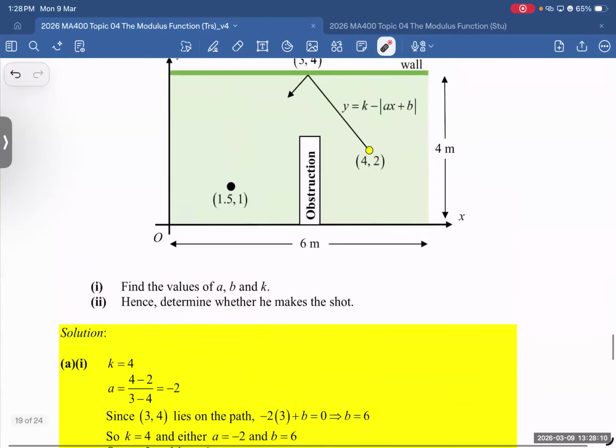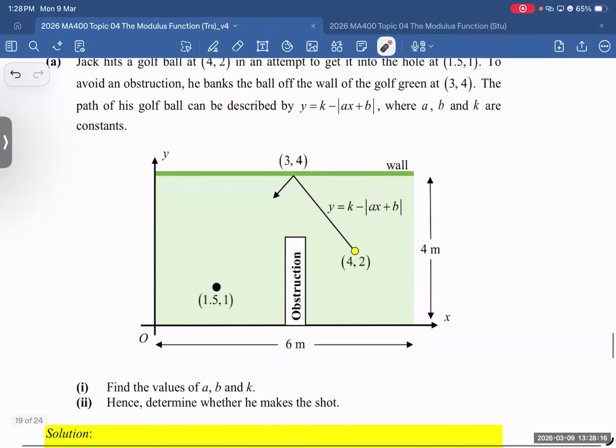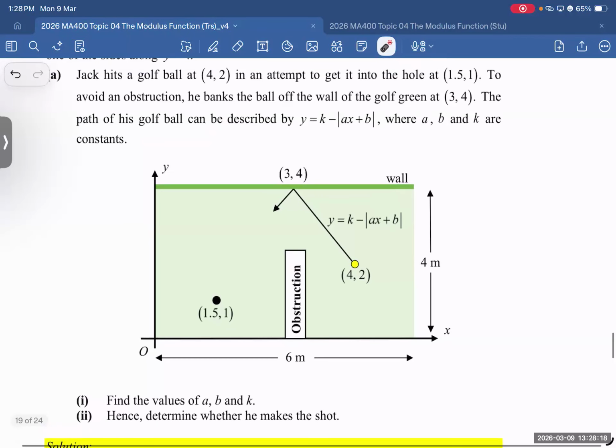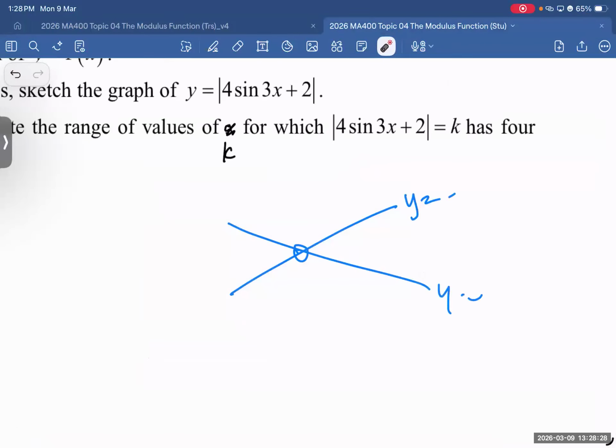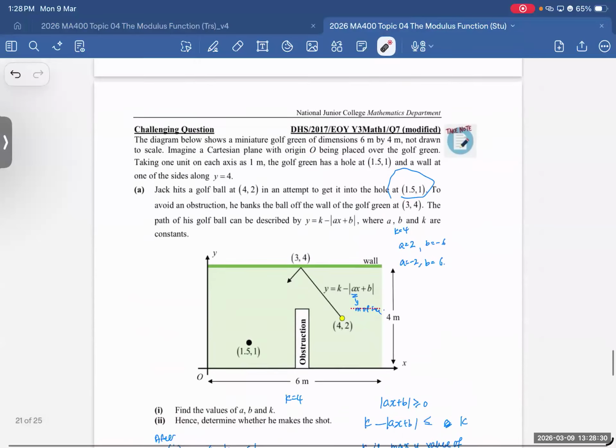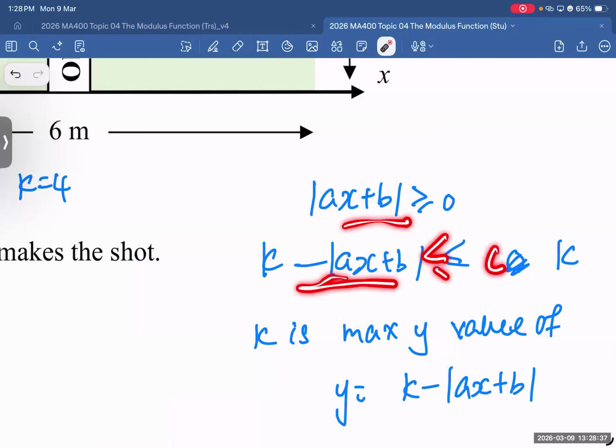Okay, so I'm going to repeat again because I'm sure some of you were not in this question yet when I went through just now. Now, first, how do I find K? K is the maximum Y value. Because if I know that ax plus b is always going to be more than or equal to 0, then negative ax plus b is always going to be less than or equal to 0.